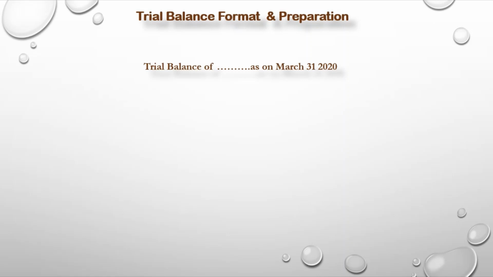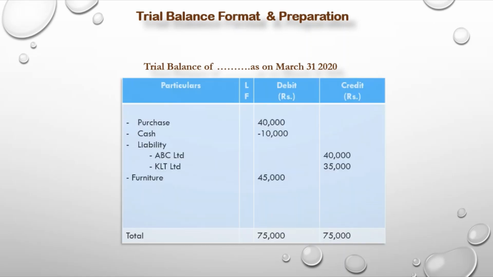In the blank you put the company's name as on March 31st and the year, and this is the format of trial balance you need to prepare. Here you must remember that your purchase account, cash account, and liability I have taken from my last ledger. So let's start with the ledger, how I have transferred the balances and accounts from ledger to trial balance.